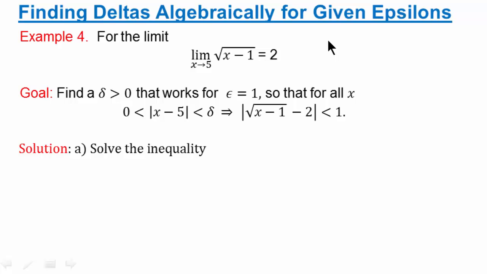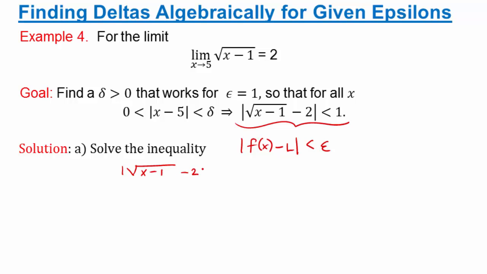We want to solve the inequality absolute value of f of x minus L less than epsilon. So we're taking the absolute value of the square root of x minus 1 minus 2 less than 1, which means that removing the absolute value sign, the square root of x minus 1 minus 2 is between negative 1 and 1.